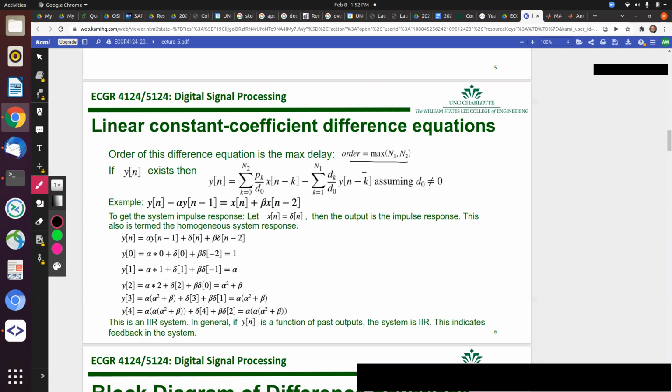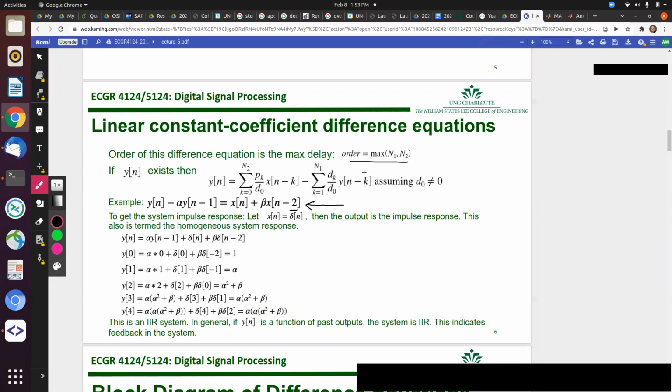So you're basically looking for the maximum shift. So here's a difference equation. What is its order? Yep, it's the maximum shift. That's how to answer such a question. This value here is shifted by 2, so the order of this difference equation is 2.